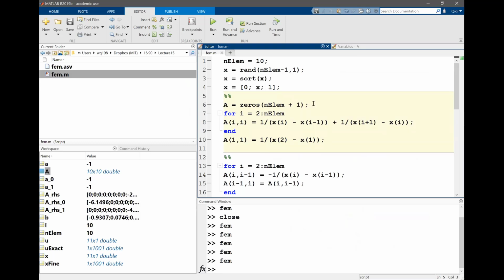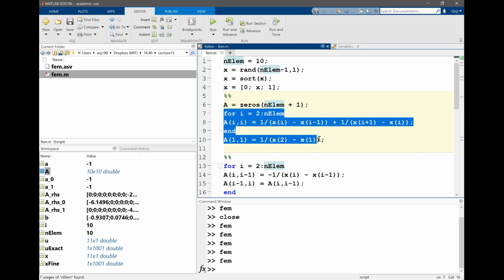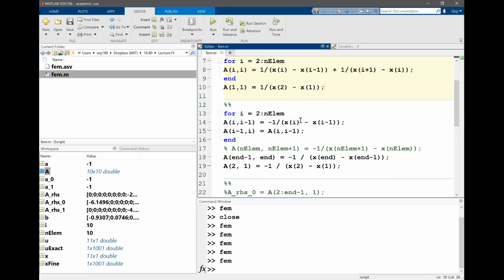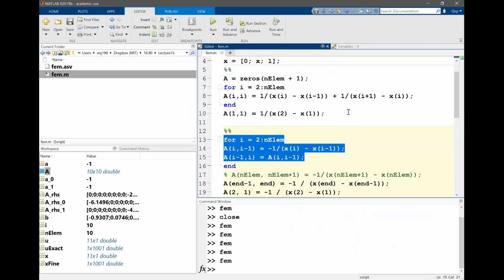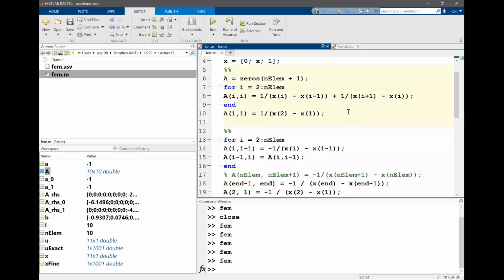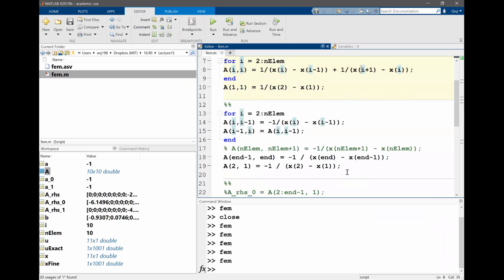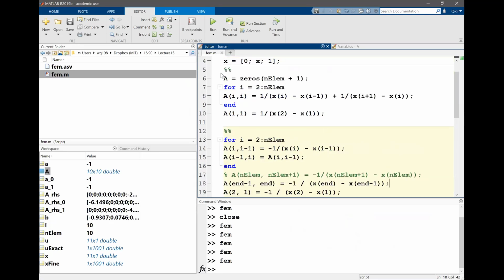So instead of looping over the diagonals and computing the diagonals, and then looping over the off diagonals and computing off diagonals, and you have to treat the special case where my basis function is at the boundary, and this is not at the boundary, I'm actually going to get rid of all of them.